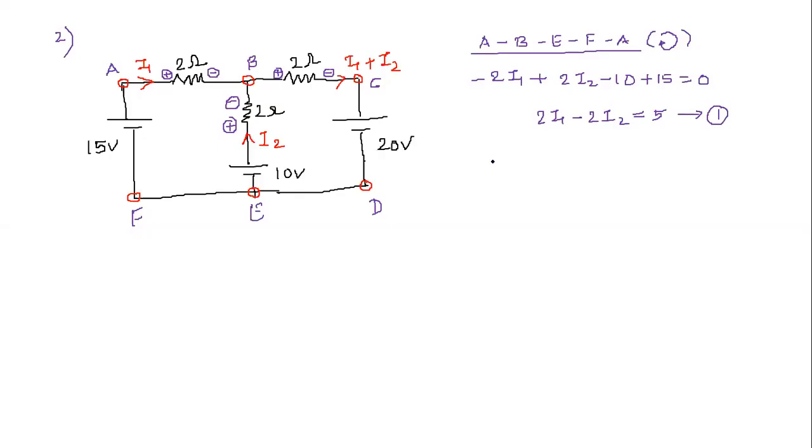Next, you can always go for the outer loop. Now I'll trace this one, right? So this will be what? B, C, D, E, B.